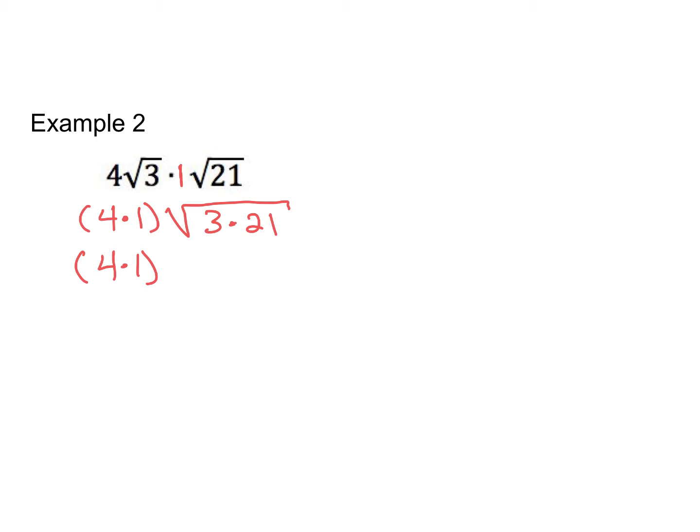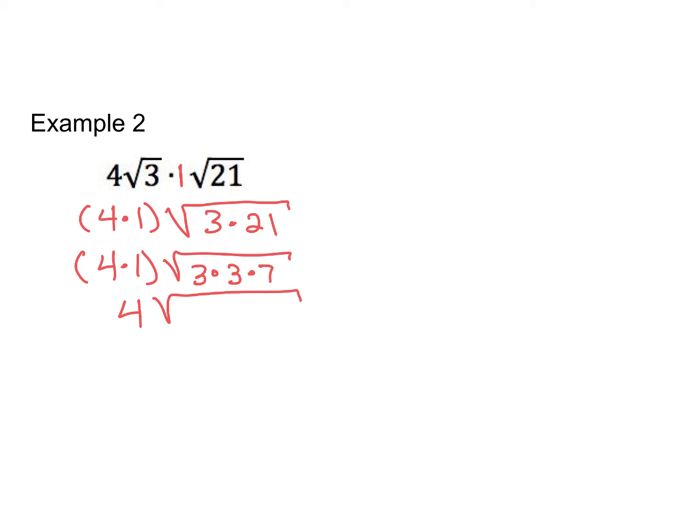So I think about the perfect prime list, like 2 times 2, 3 times 3, what those actual numbers are. And I remember that one of the factors of 21 is 3, right? So we're going to simplify the 21. We're going to say 3 and then 7, okay? 4 times 1 is 4.